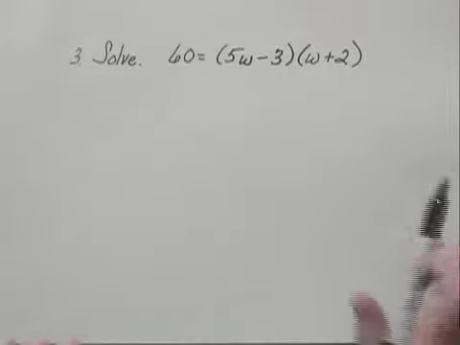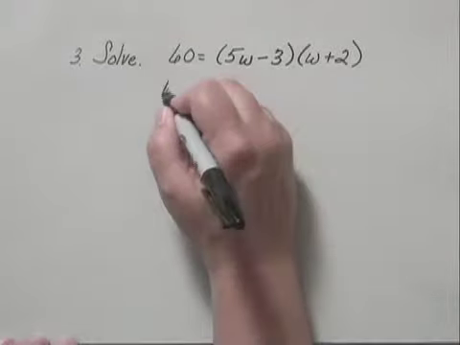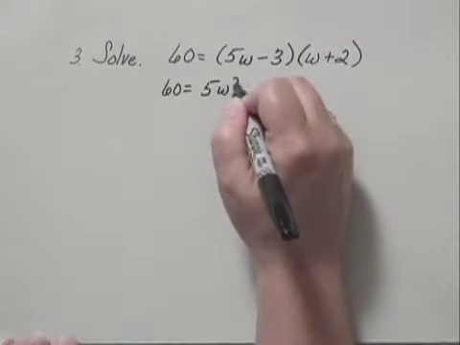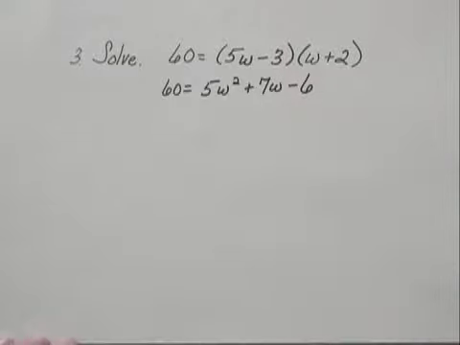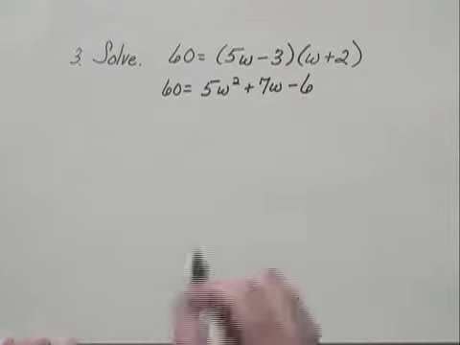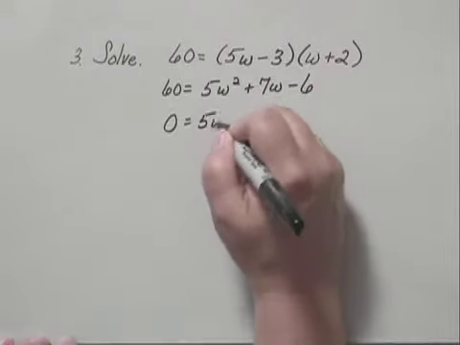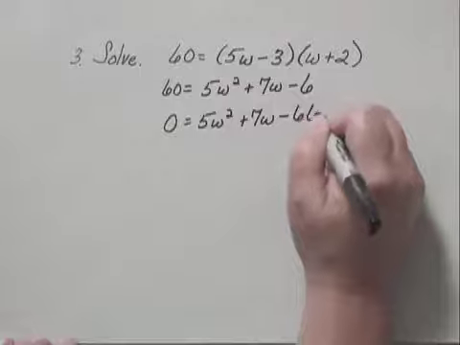First multiplying this out, I have 60 equals 5W squared plus 7W minus 6. Then I need to get a 0 on one side, so I subtract 60 from both sides, and I have 0 equals 5W squared plus 7W minus 66.